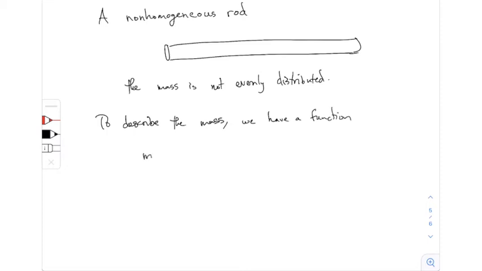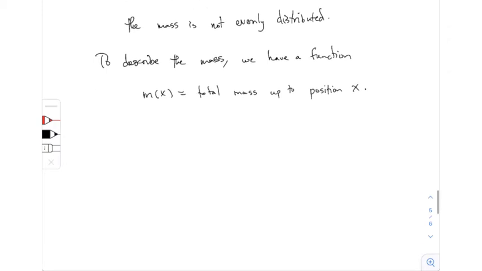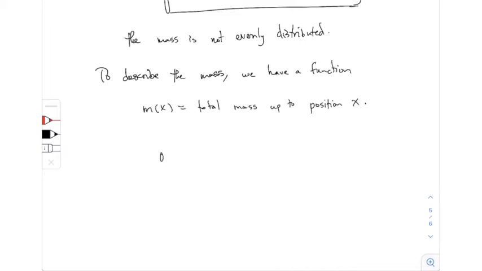All right. So to describe the mass, you have a function, and we're going to call it m of x. And m of x means the total mass up to position x. And I'll draw a little picture of what I mean by this. The total mass up to position x. So this rod here, which I'm drawing again as if it were a cylinder.